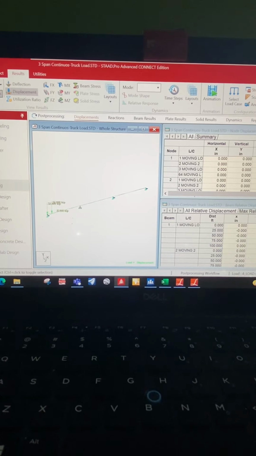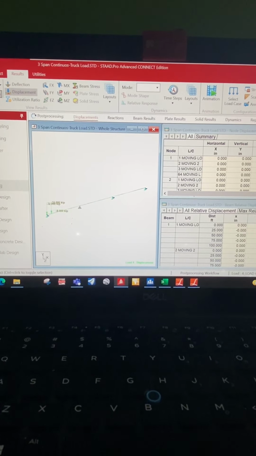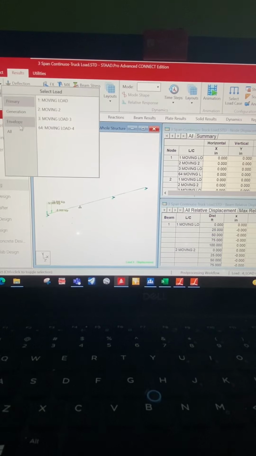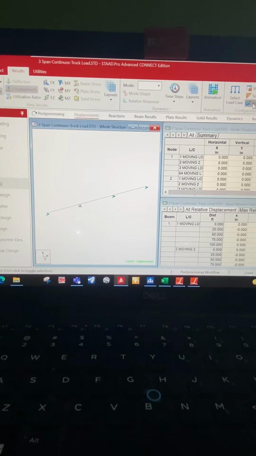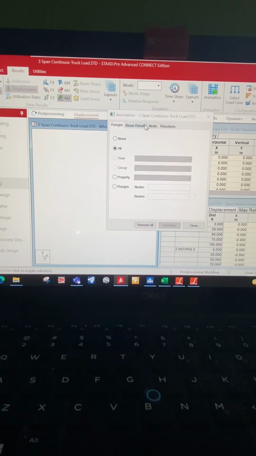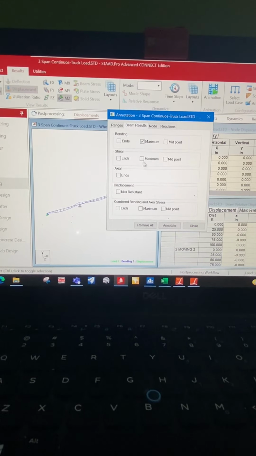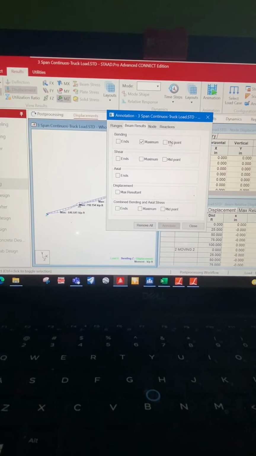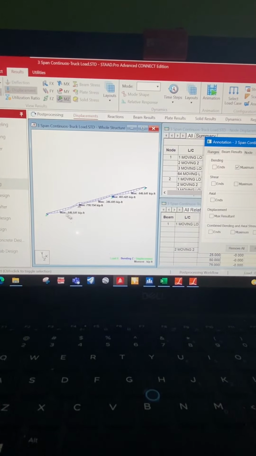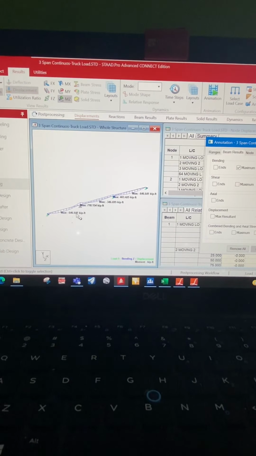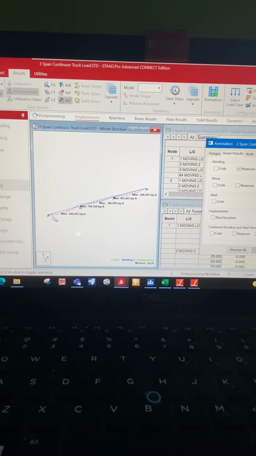moment for the positive bending moment. That's for the lane load, 646 kip feet.